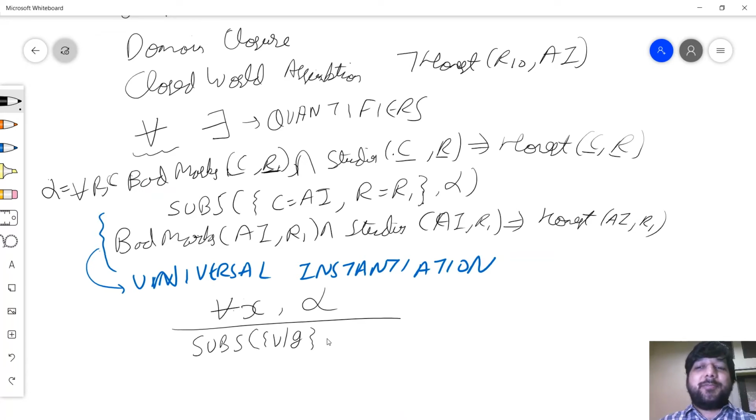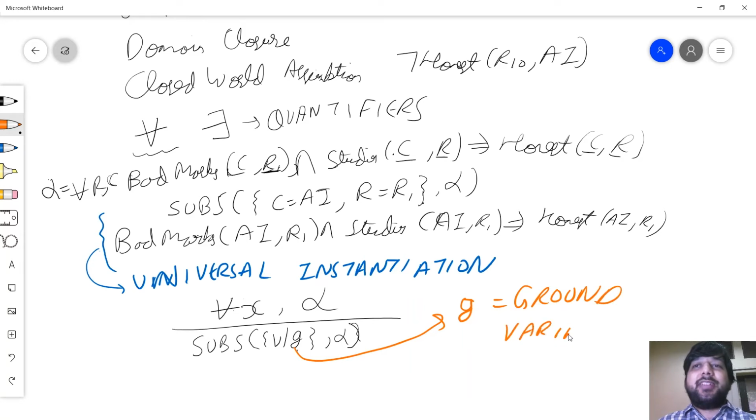grounds. So G is what is called a ground statement. Here G is what is called a ground, which means it's variable free, it doesn't have any for all or there exists.